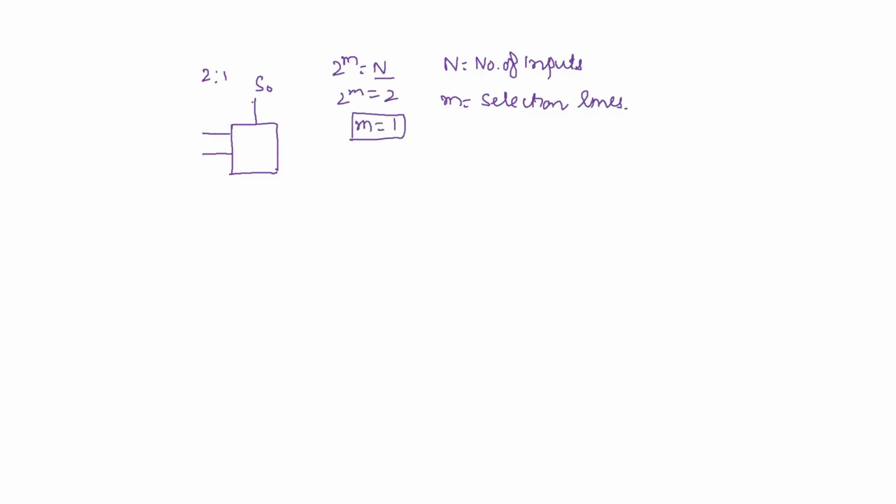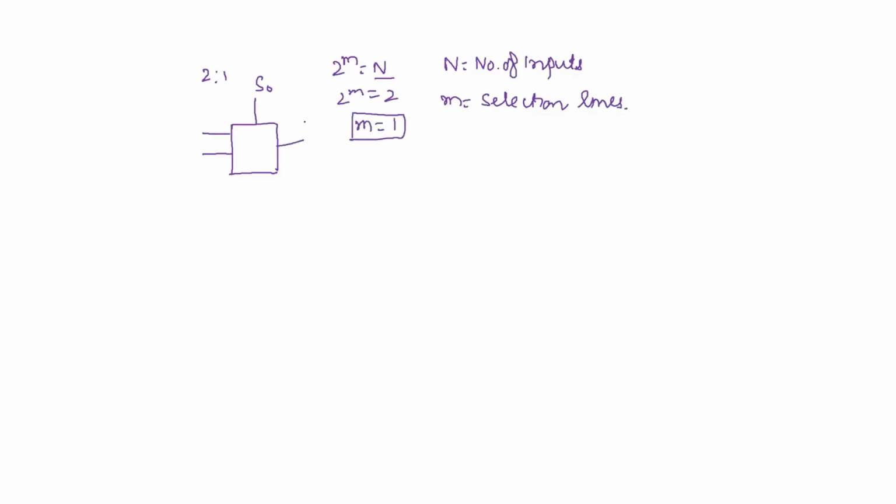One selection line, because selection lines are decided by 2 raised to power m is equal to n, where n is the number of inputs and m is the number of selection lines. Here the number of inputs is 2, so 2 raised to power m is equal to 2, so m comes out to be 1.